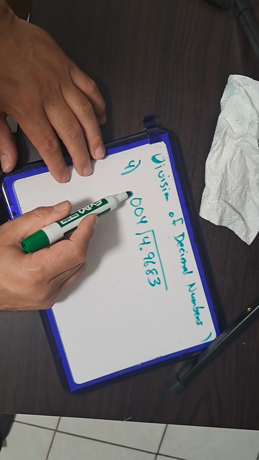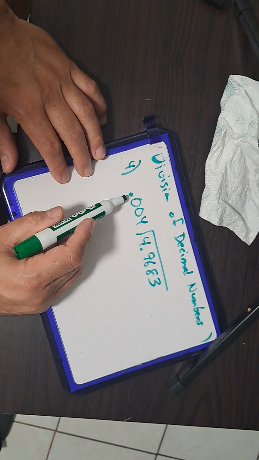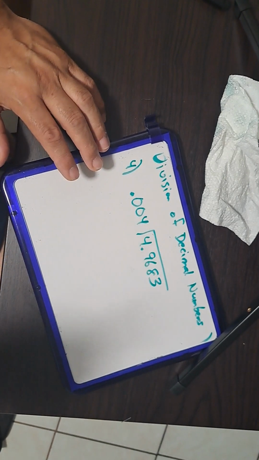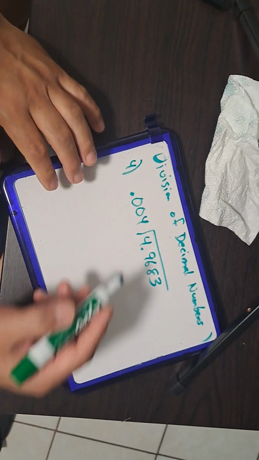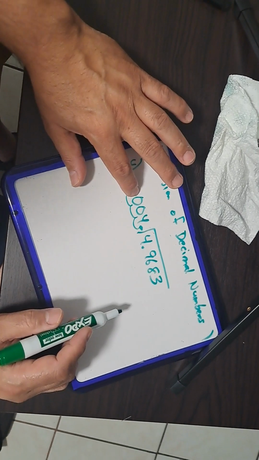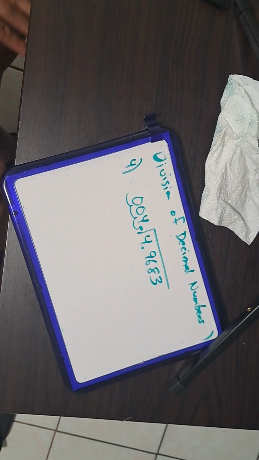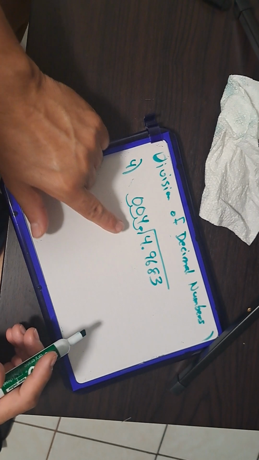You're gonna move that decimal point all the way to the end of that number. So instead of having 0.4 thousandths, you're gonna end up having 4, just 4. And that times table is easier than working with thousandths. So now you have 4.